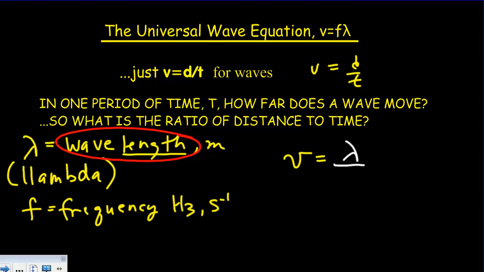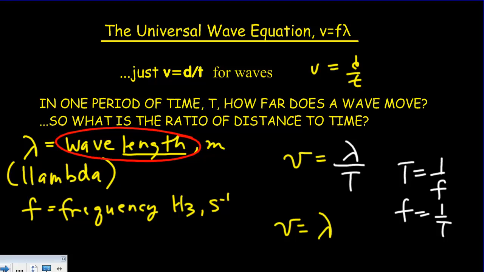Now, if I do that, then by definition, the amount of time it takes to travel one wavelength, that's called the period, T. And of course, T is equal to 1 over f, or f equals 1 over T. So I can replace that 1 over T by an f. And I'll get my universal wave equation, v equals lambda f. And that's really useful.